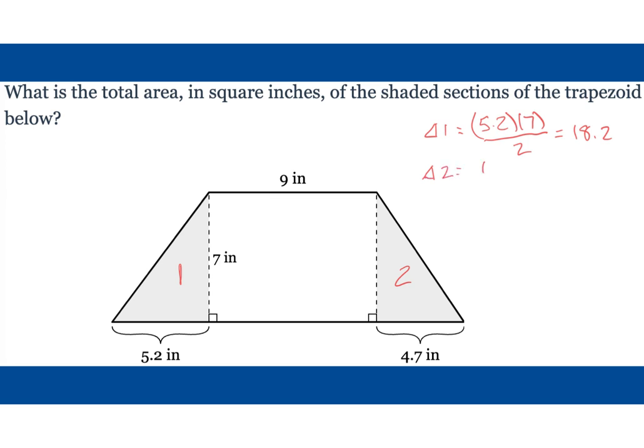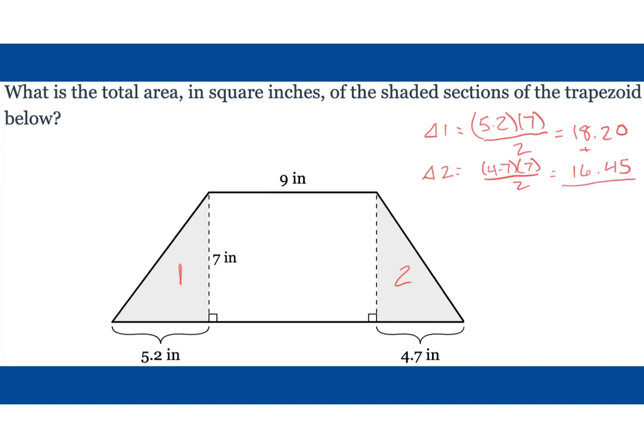We've got a base of 4.7. Height, once again, of 7. Divide that by 2. We'd have a total of 16.45. Now I'm just going to add those two numbers together, and I'm going to throw a 0 in here so that we have our decimals lining up correctly.